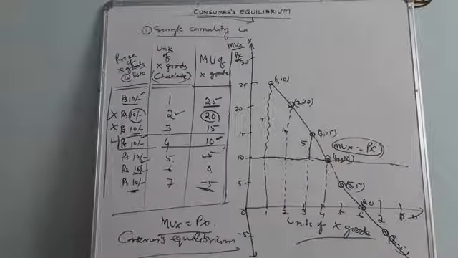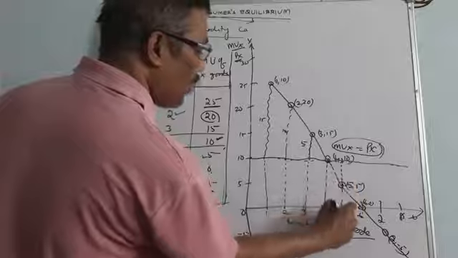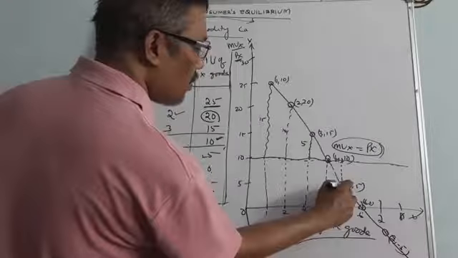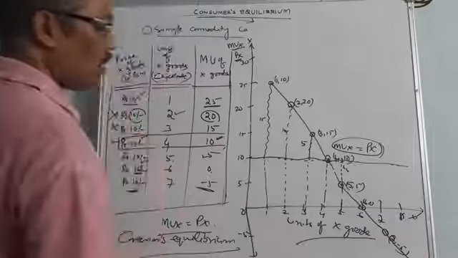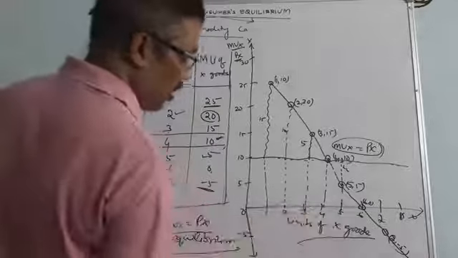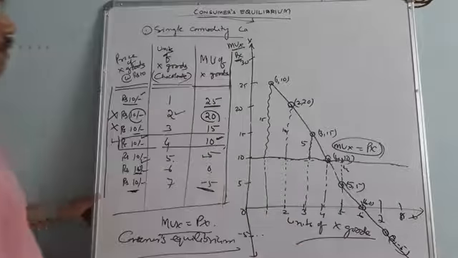If the consumer consumes beyond the fourth unit, let us say the fifth unit, you will pay 10 rupees but get only 5 units of benefit. So this is called a loser. The sixth unit gives 0, the seventh unit minus 5.